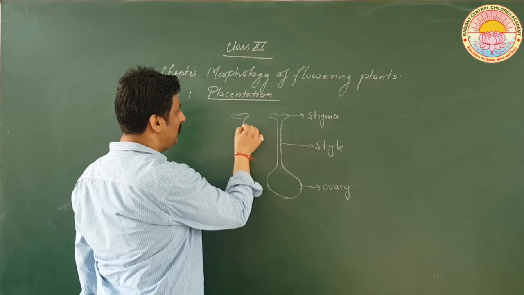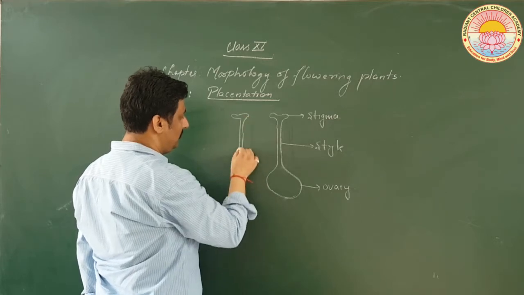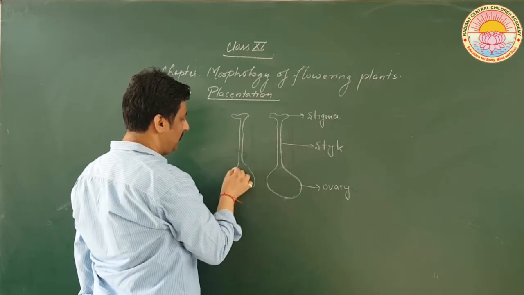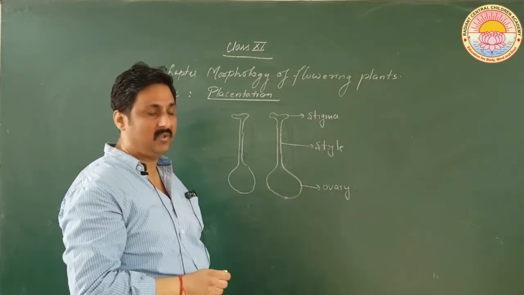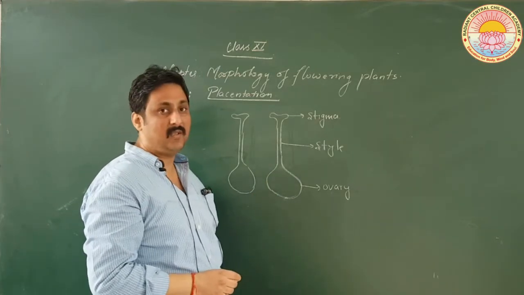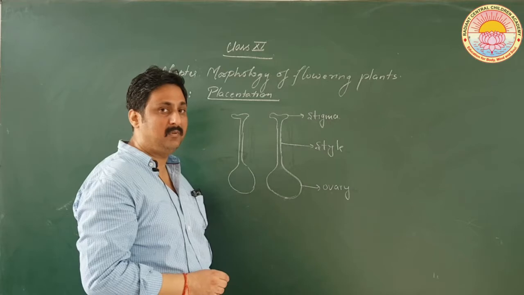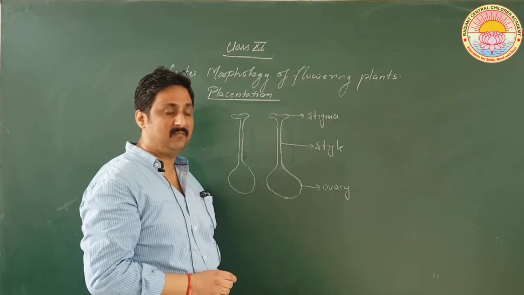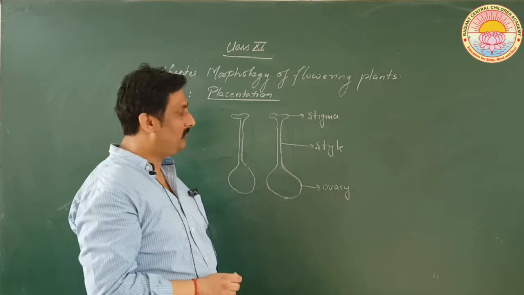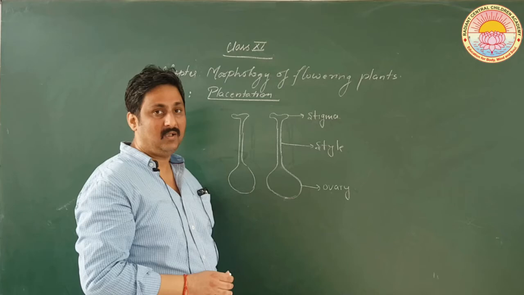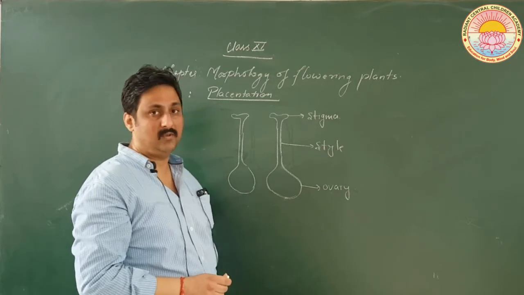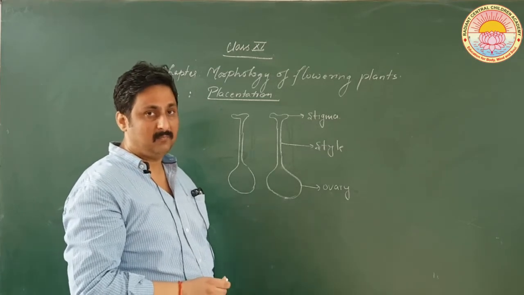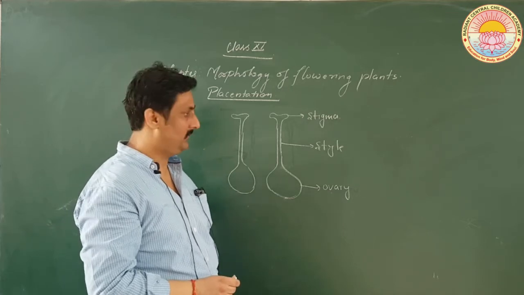Free means they are not attached with each other. Then it is called apocarpous. For example, in lotus as well as rose, they are not attached with each other, they are free and therefore called apocarpous. Examples are rose and lotus.